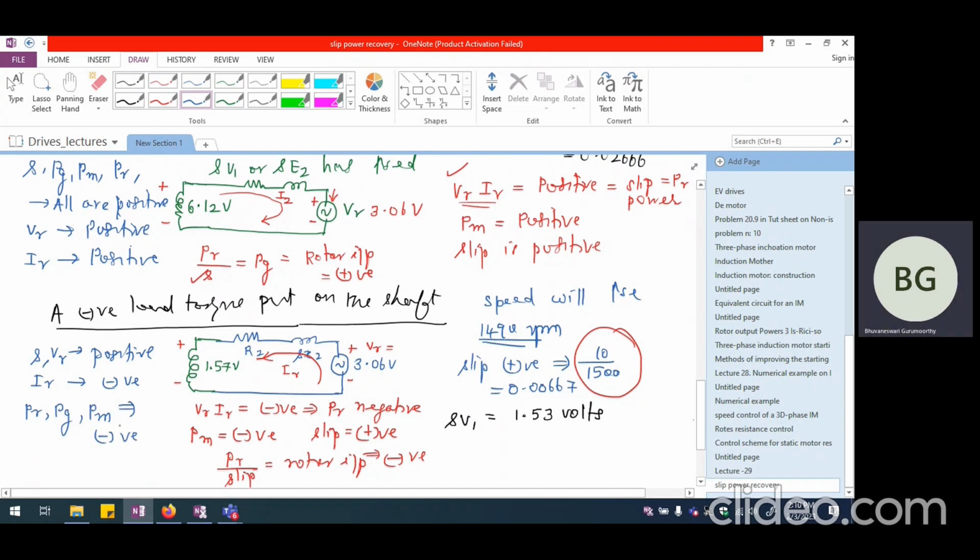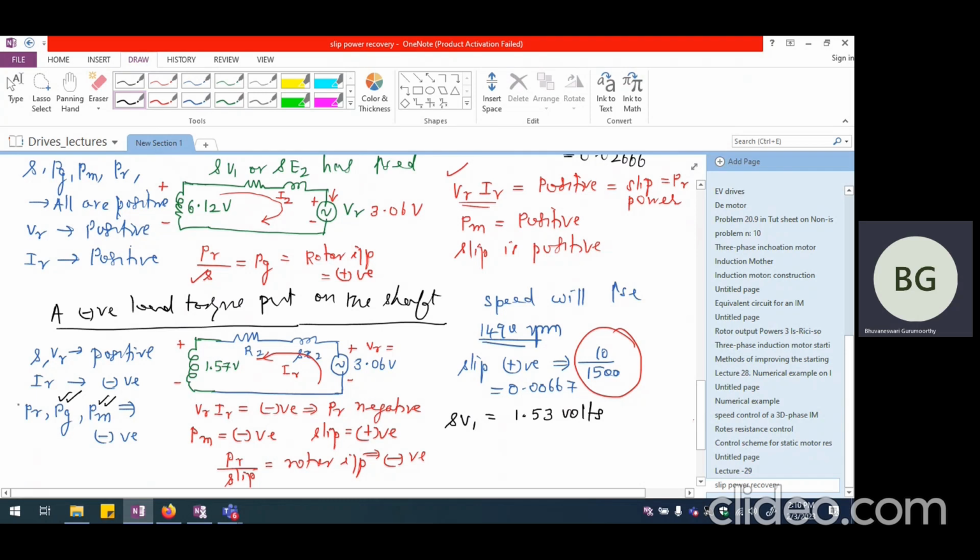So the mechanical power input, rather than taking an output in the form of mechanical power, we are going to have the mechanical power input here from the rotor shaft. So that is also going to be negative. Now the air gap power or generated power is positive. Rather than drawing power, it is generating power.